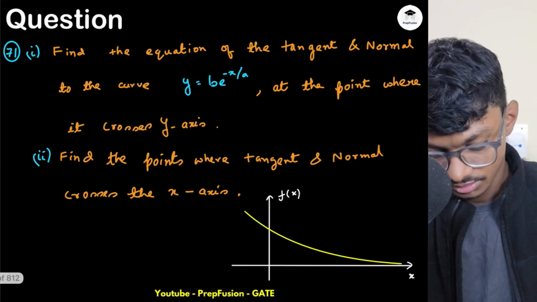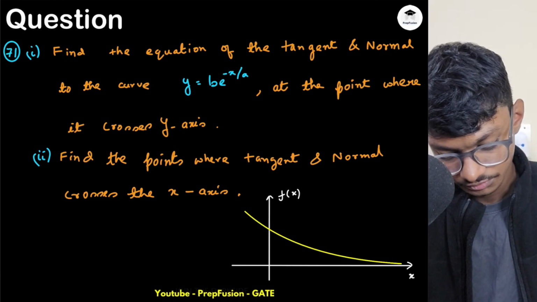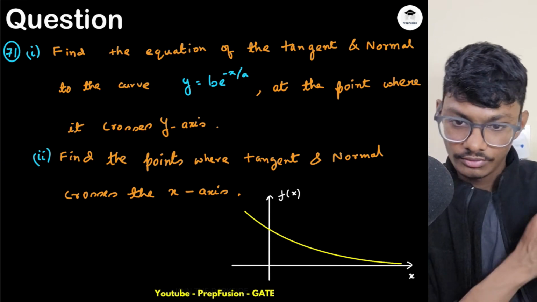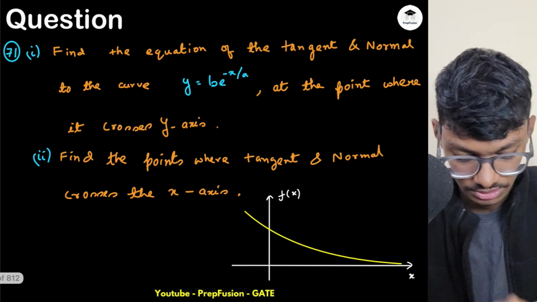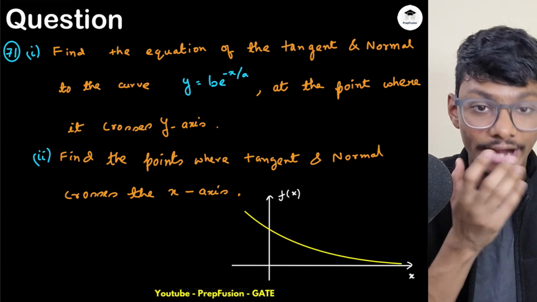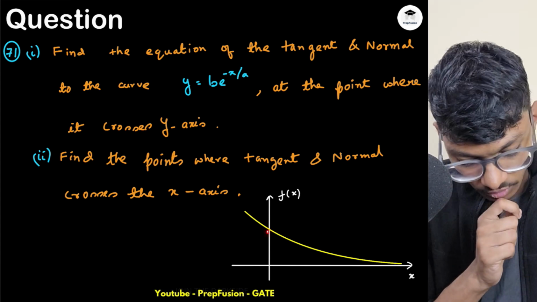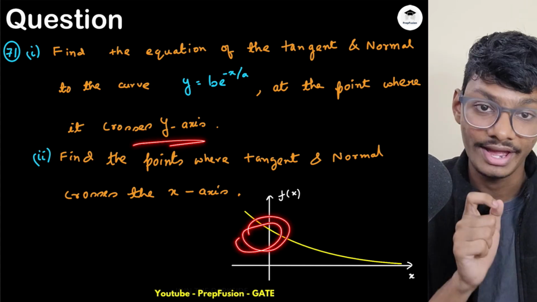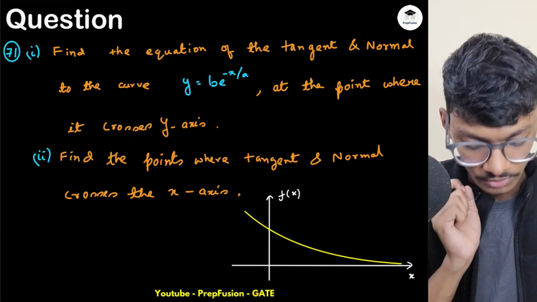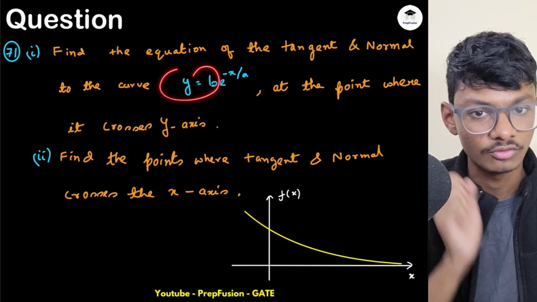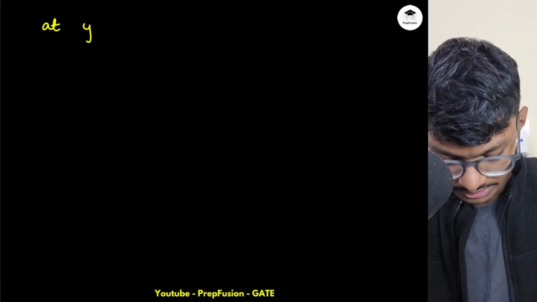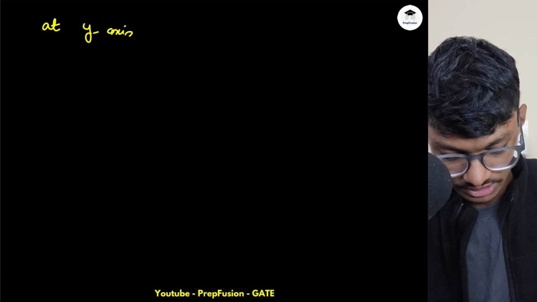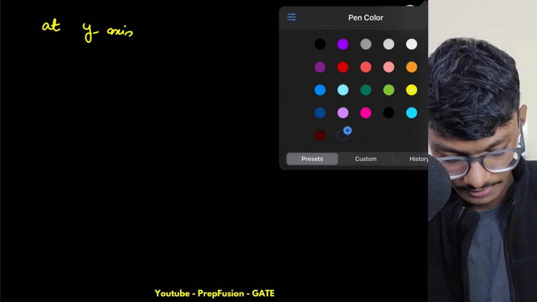Okay, so first of all, we have to find the equation of the tangent, and we have to know where to find the tangent. They have told us where it crosses the y-axis. It crosses the y-axis when my x is 0. So I'll put x as 0 and find the value of y. At the y-axis, x should be 0.